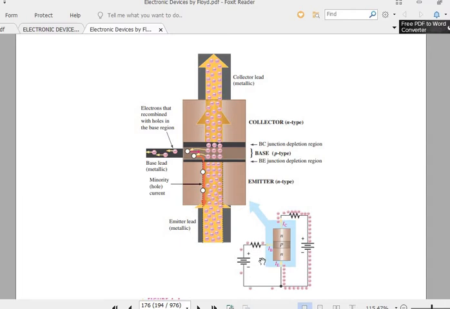So what happens if we are looking at this loop? It works in the forward biasing. Why? Because this terminal is connected with the positive lead of the power supply, positive to positive.